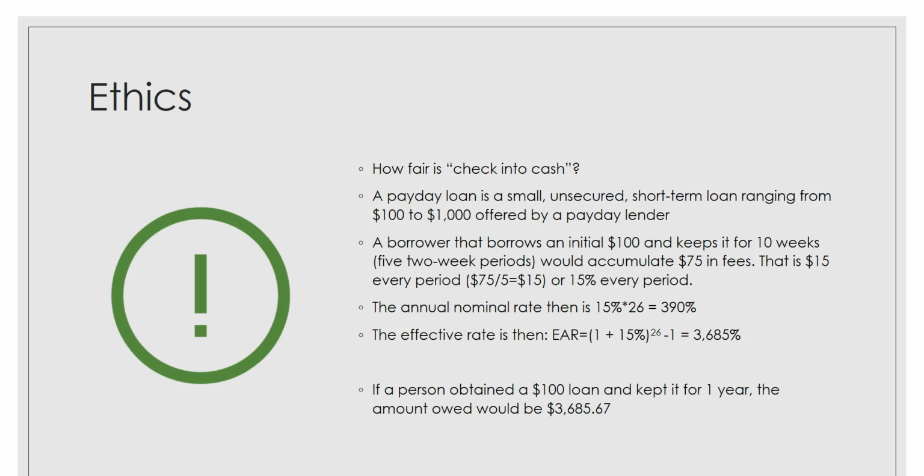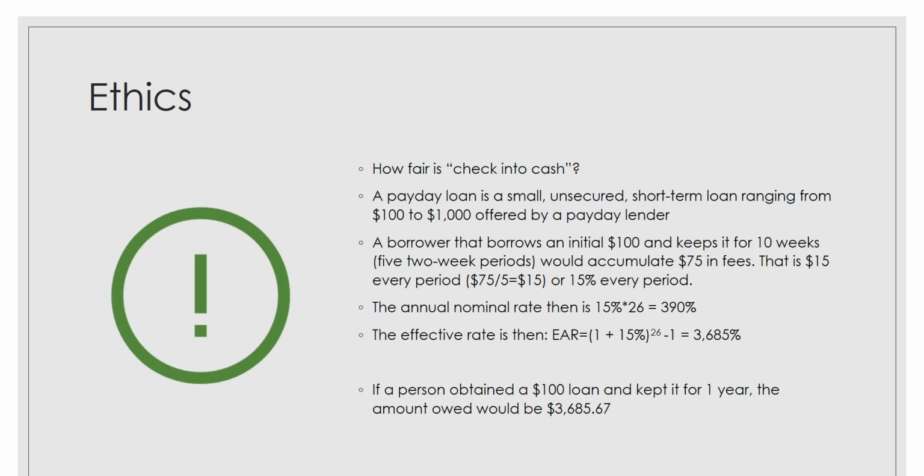So here's an example. A borrower borrows $100. They keep it for 10 weeks. So that's 5 2-week periods. During that period, they accumulate $75 in fees. So 75 divided by 5 means that they're getting $15 in fees and interest every 2 weeks. So they borrow $100 every 2 weeks.